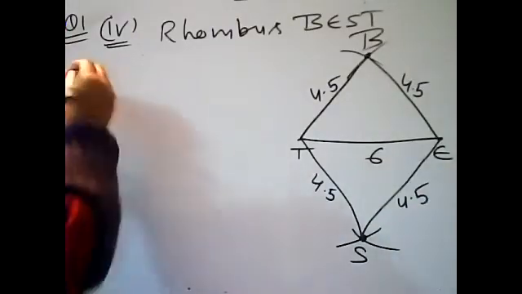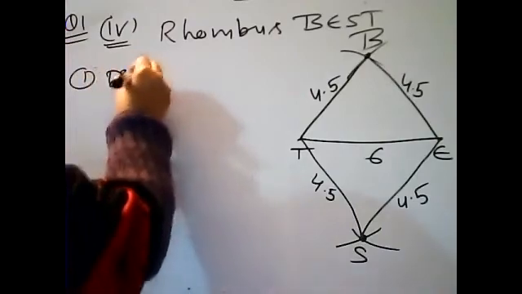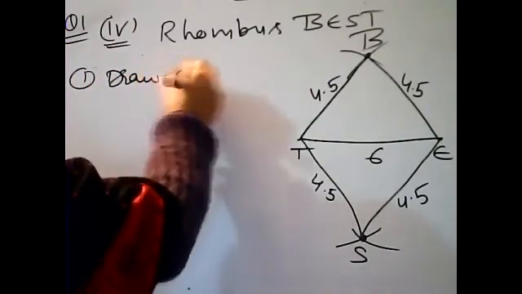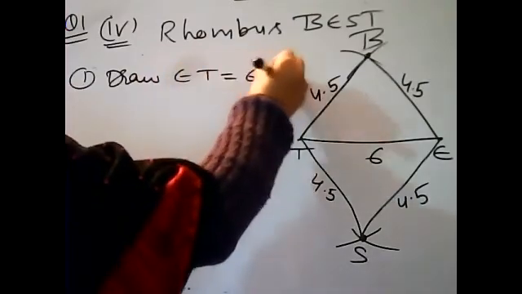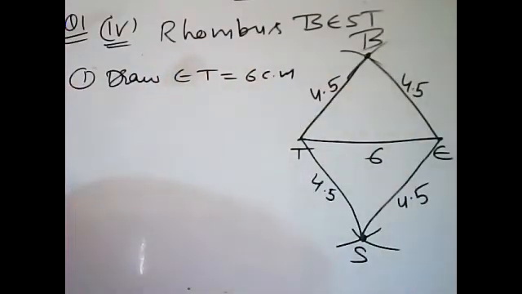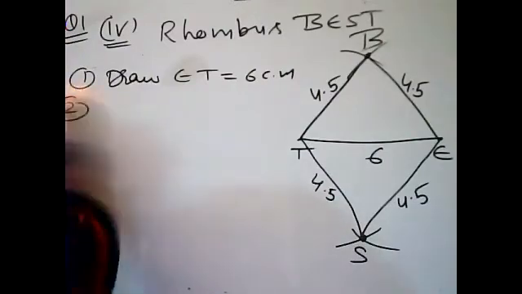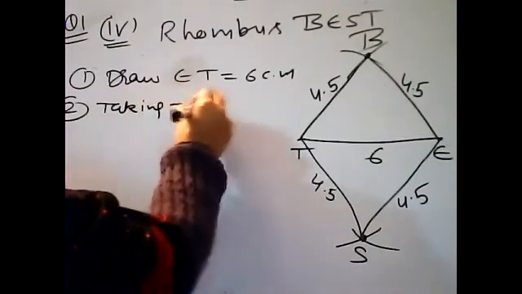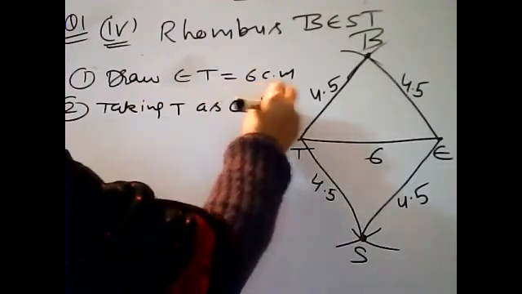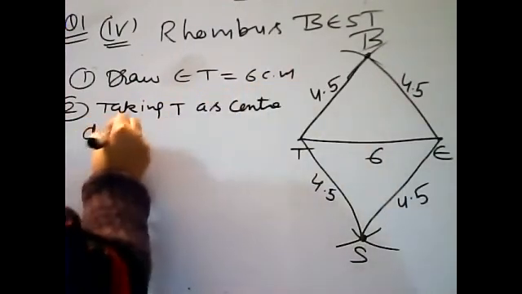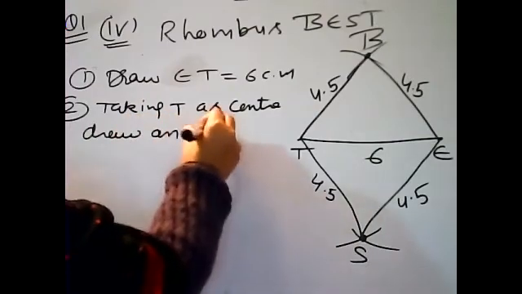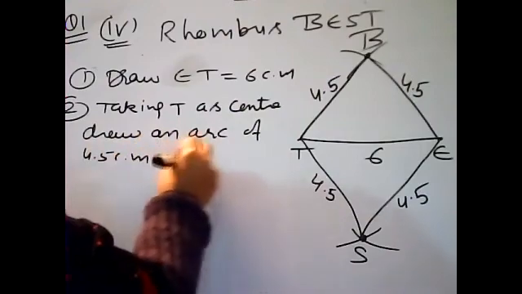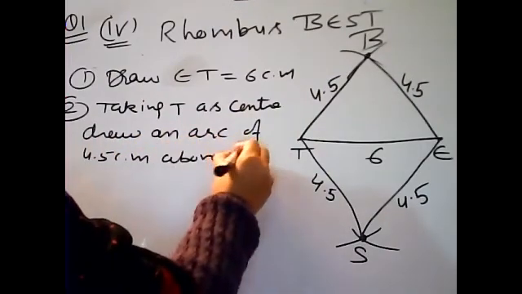First step, draw ET, the name ET is given so ET. Draw ET is equal to 6 centimeter. Second, taking T as center, draw an arc of 4.5 centimeter above ET.